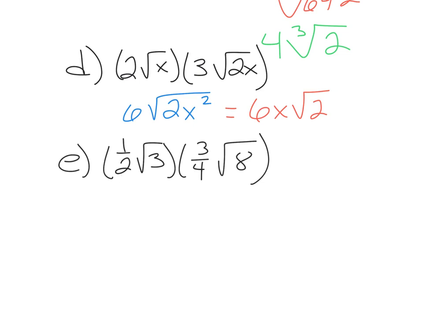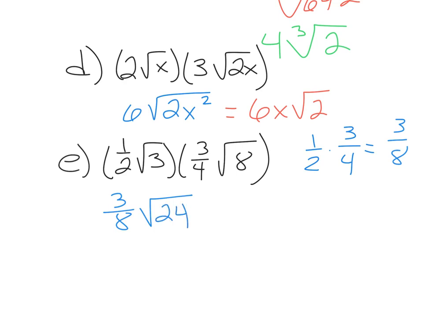When you multiply fractions straight across, top times top, bottom times bottom, that comes out to be 3/8. So our coefficient is going to be 3/8. Then we multiply underneath the radical 3 times 8, and that's going to give us 24.